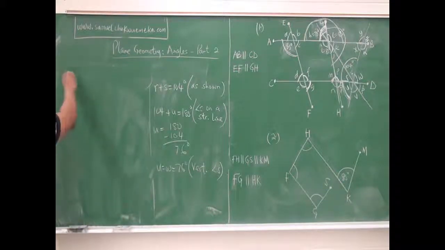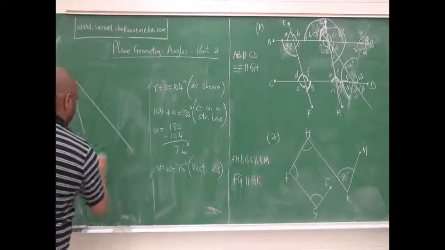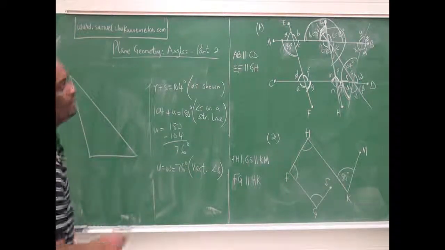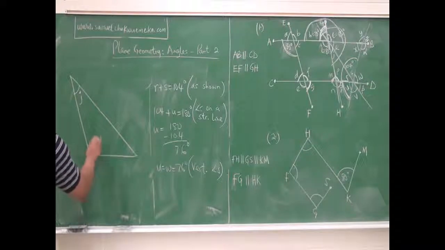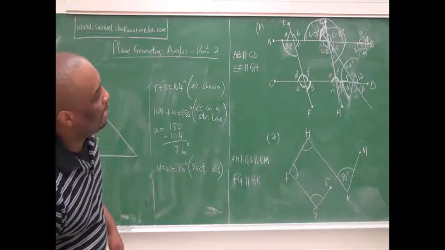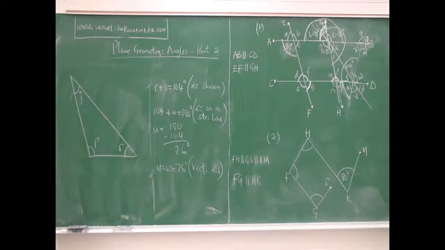We have to use the triangle theorem in order to find R. So if you look at this triangle, there is J here, there is P here, angle P there, and this is R. We know our J is 22 degrees.